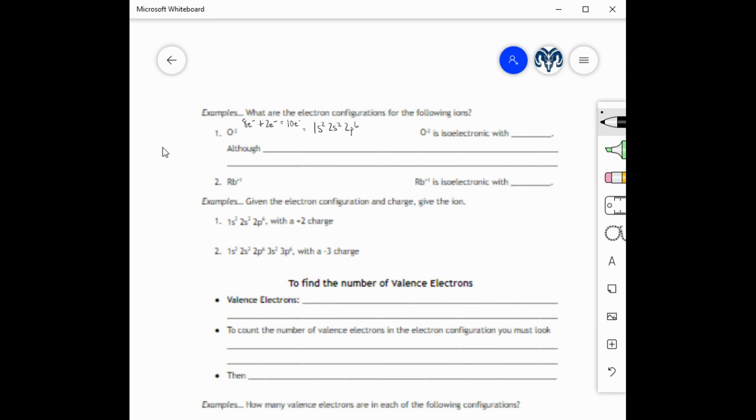It's called isoelectronic with neon. So although O -2 and neon have the same electron configuration, they are not identical.